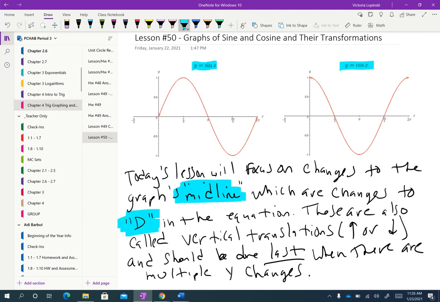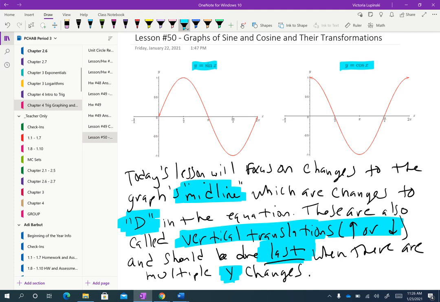This is going to be represented in the equation by the letter D. In terms of other vocabulary, these are our vertical translations, which basically means that you're shifting the graph up or down. And just like always, if there are multiple changes that are happening to the y values, you're always going to do the D, or this vertical translation, last. We're going to see that in action in just a minute.